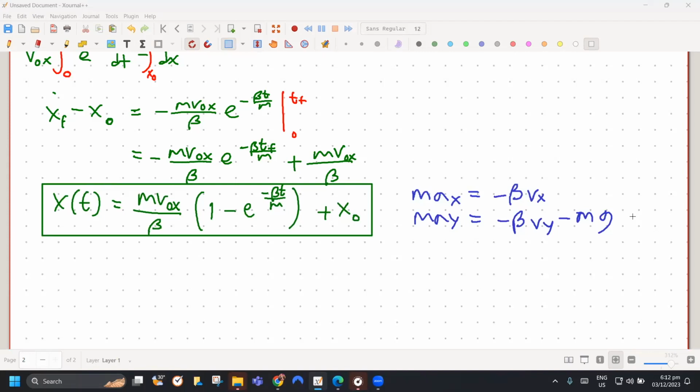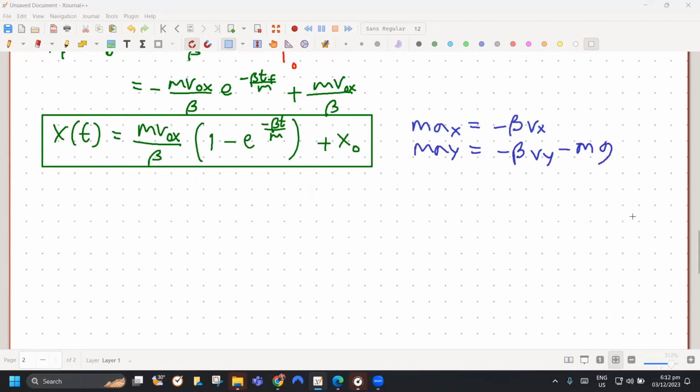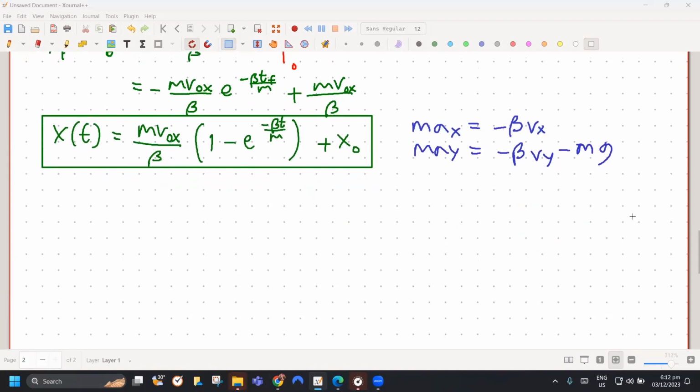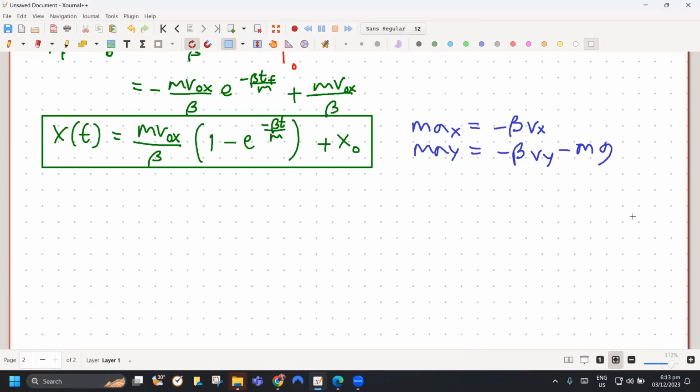If there was resistance, this would be torture. max is equal to minus beta vx, and then may is equal to minus beta vy minus mg.